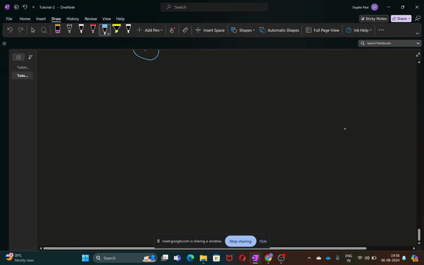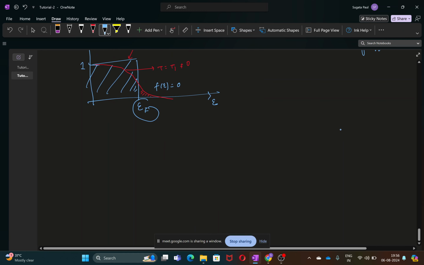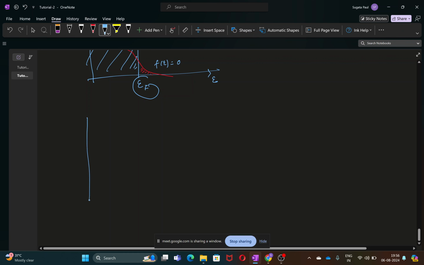And if we want to look at the band diagram, how the spin up and spin down bands behave when you apply a magnetic field: let's say this is our G versus E graph. On the y-axis you have E, and on the x-axis you have the density of states G(E).